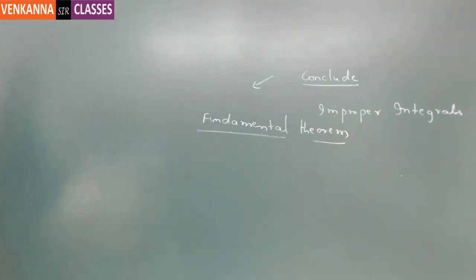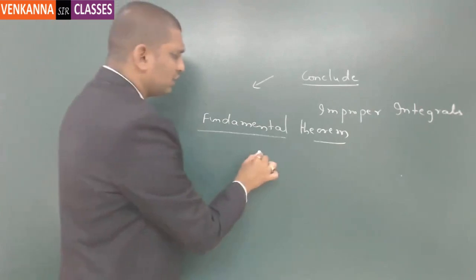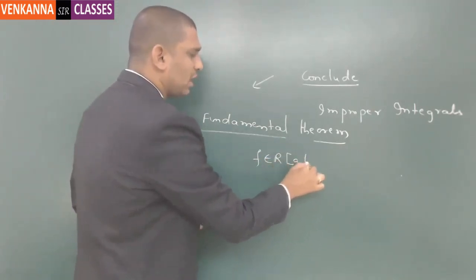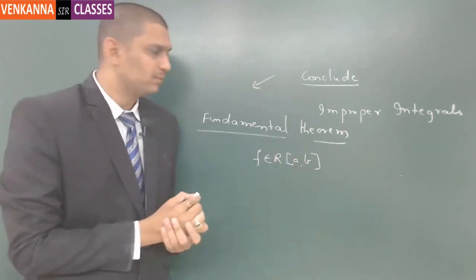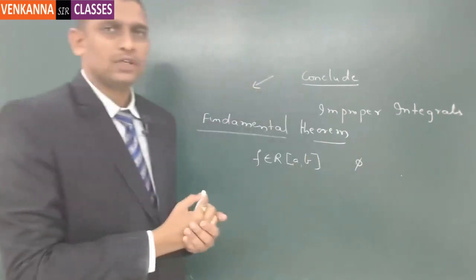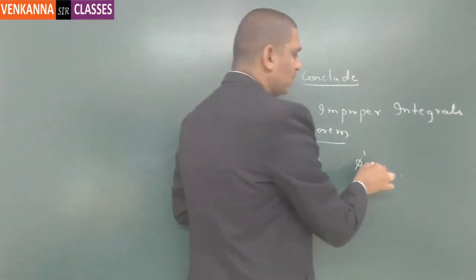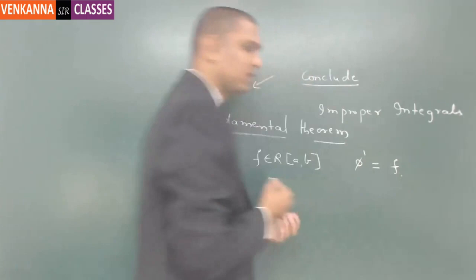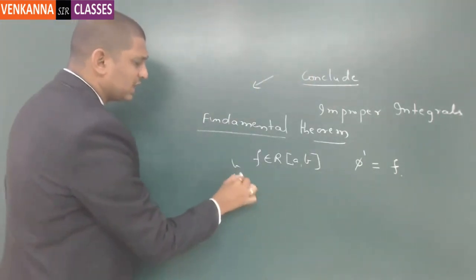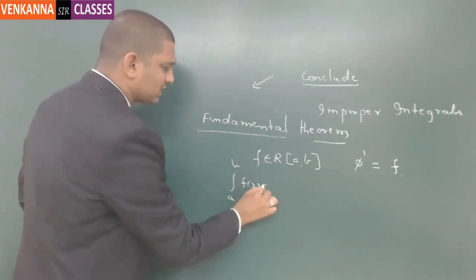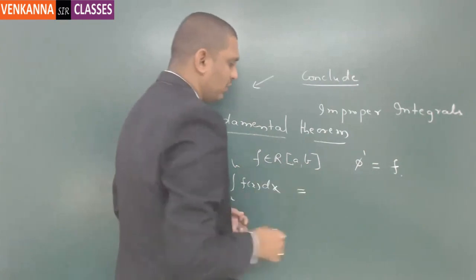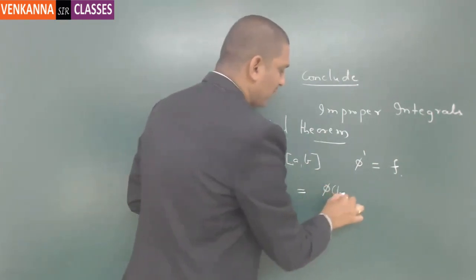There it states that whenever you have an integrable function f on closed interval [a, b] and phi is a primitive of f, nothing but the derivative of phi gives us f, then the integral from a to b of f(x) dx is equivalent to phi(b) minus phi(a).